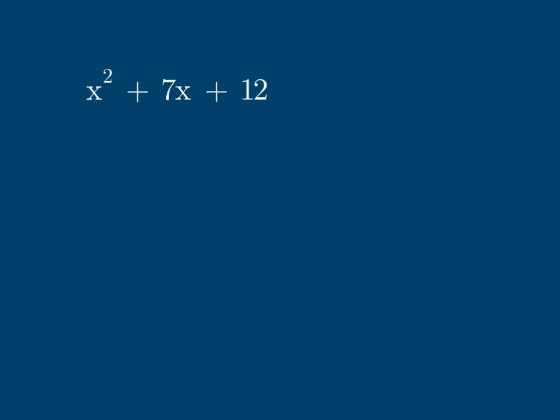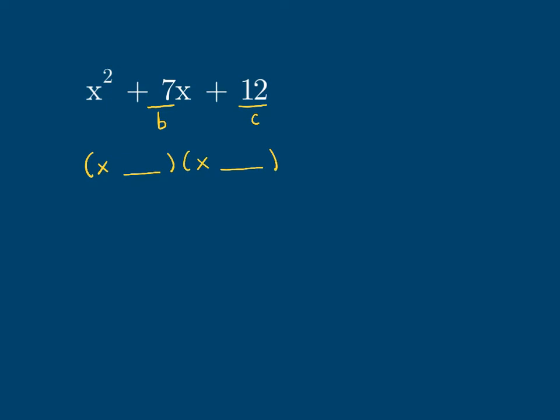So understanding how we get these trinomials with a leading coefficient of 1 is going to help us factor them. So in this case, b is positive 7 and c is positive 12. So remember, this is going to factor into two binomials that both have just an x. And then I'm looking for these two numbers here with either a plus or a minus, depending on if they're positive or negative.